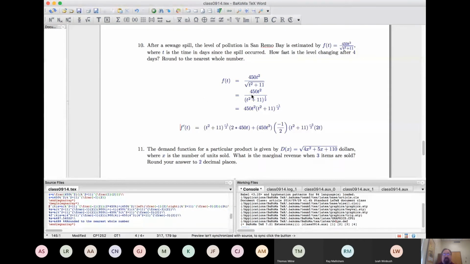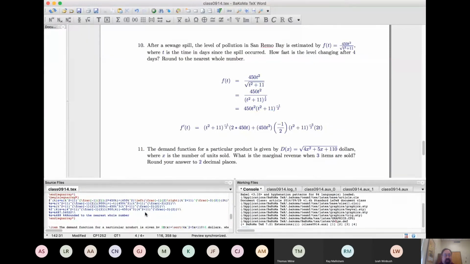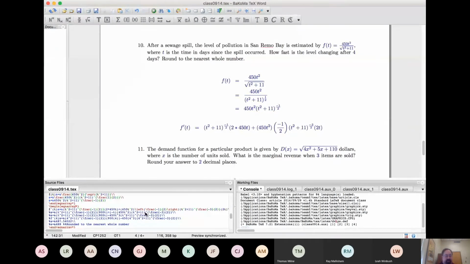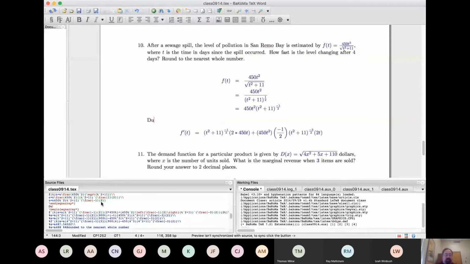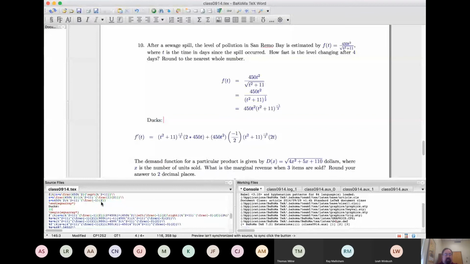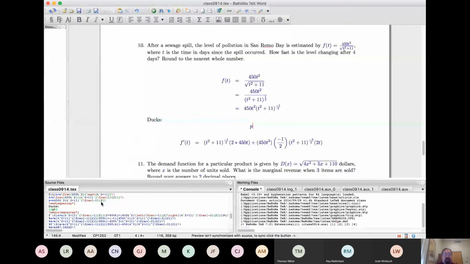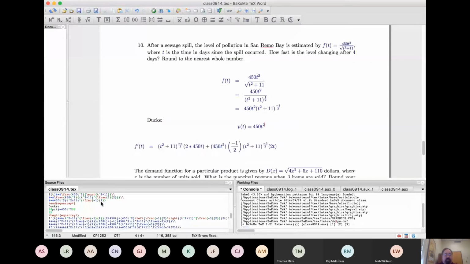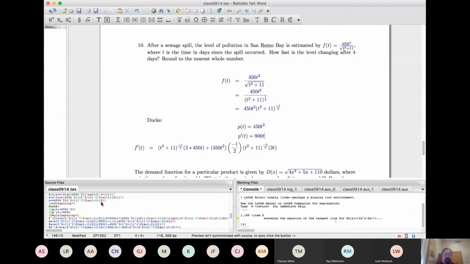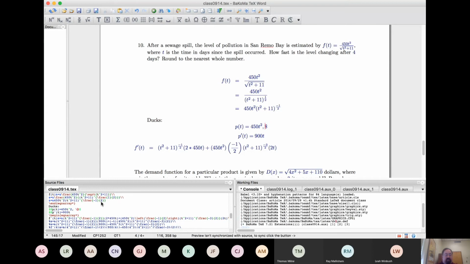So what happens here is, actually I'll go ahead and mention the pieces. Your numerator is 450t squared, and therefore its derivative is 900t. And then the denominator, but now it's the second half of a product.